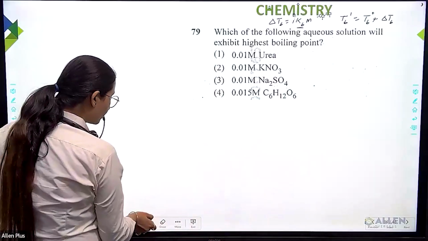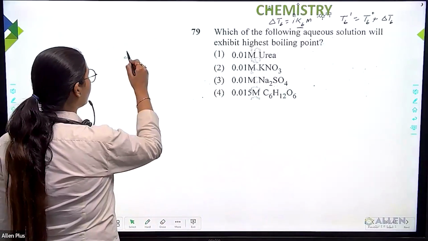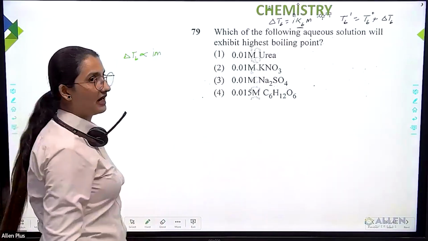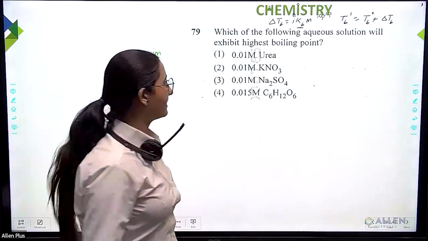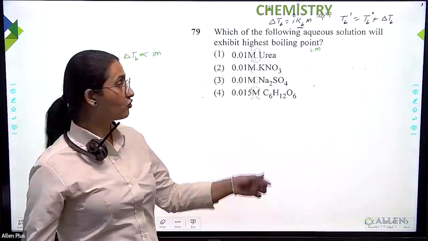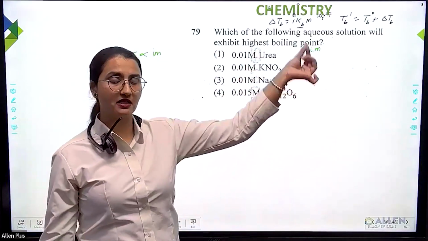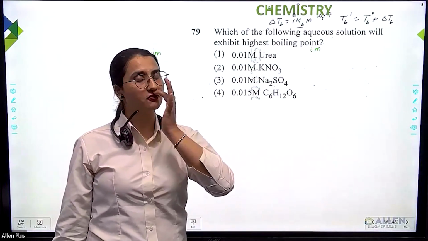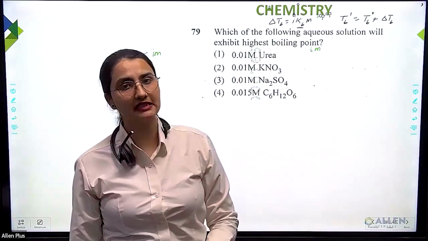Yes. So students, delta TB is proportional to what? i into m. i is the Van't Hoff factor. So let's check. If I find i into m, we won't have this confusion here. Molarity is given. i into m means i into molality. Sometimes for dilute solutions, we treat molarity and molality the same.